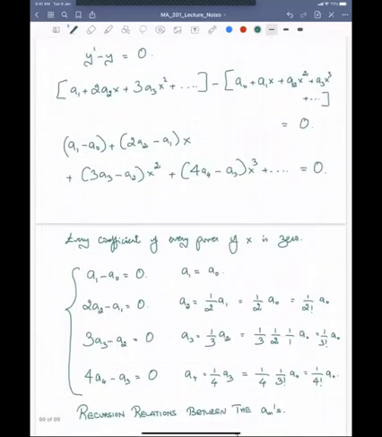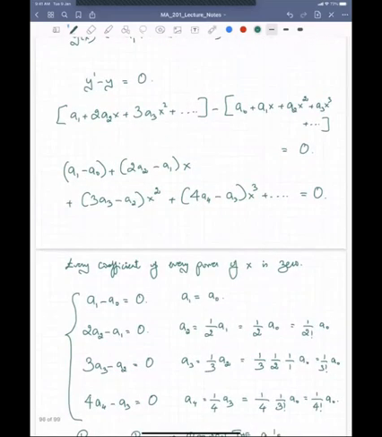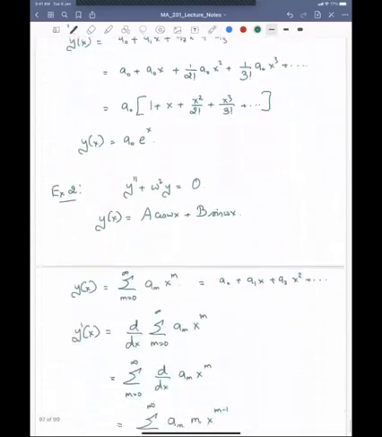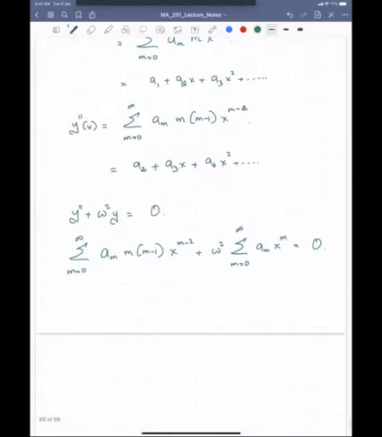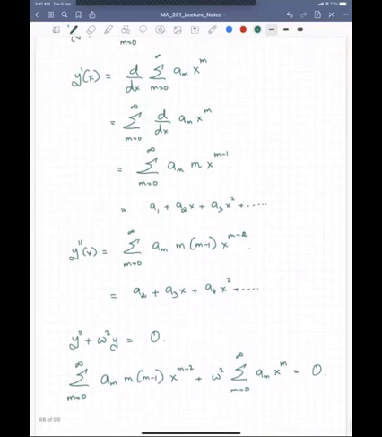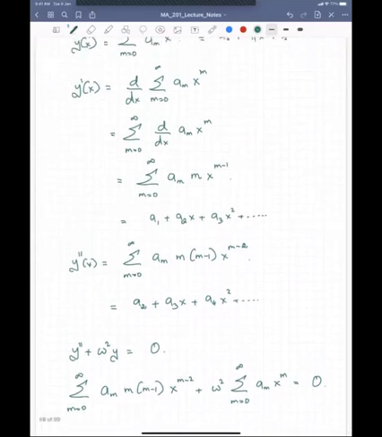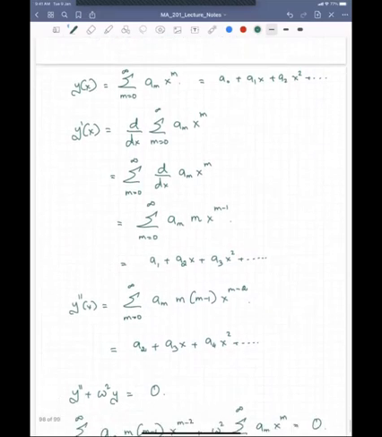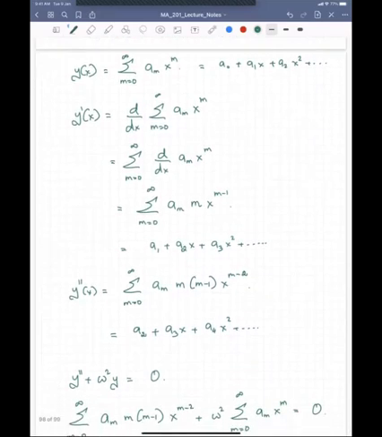I want to write this series as some constant plus something times x plus something times x squared, and so on. So I have to do this by comparing the y double prime series and the y series, but the y double prime series is shifted down by 2 powers of x. This one starts at a0, this one starts at a2.